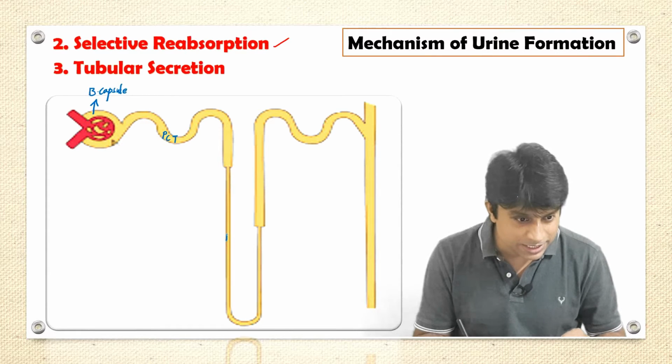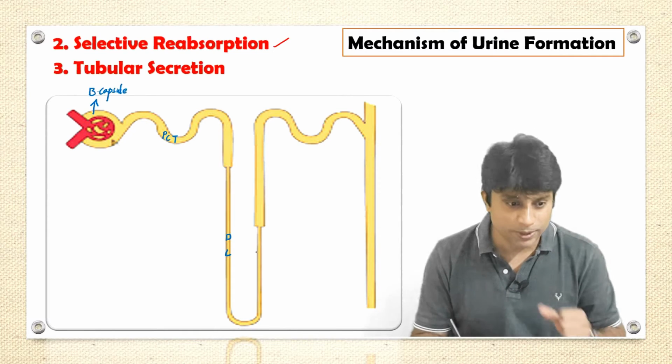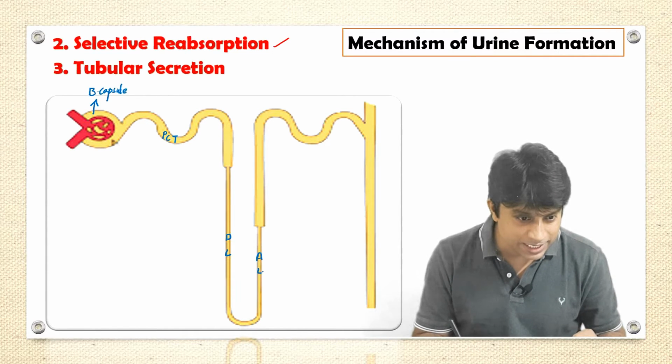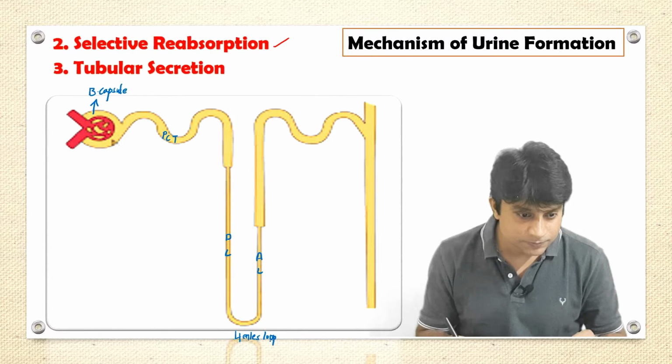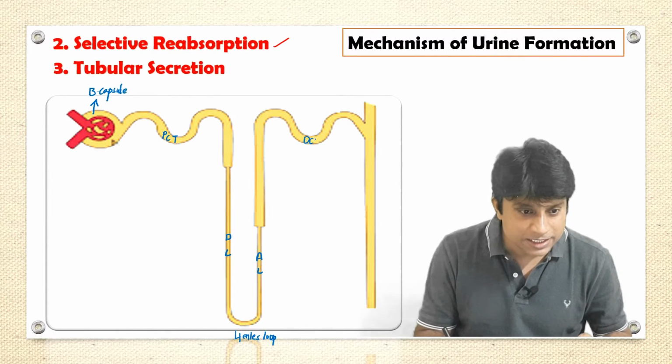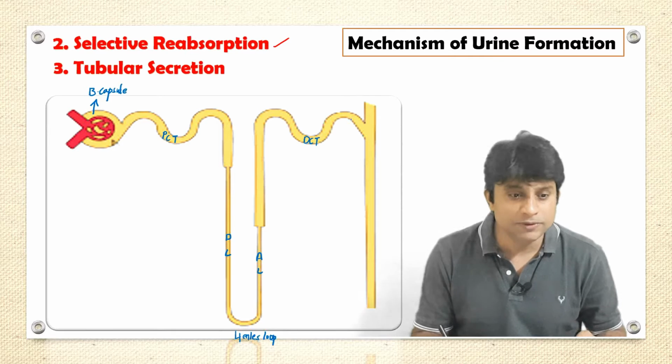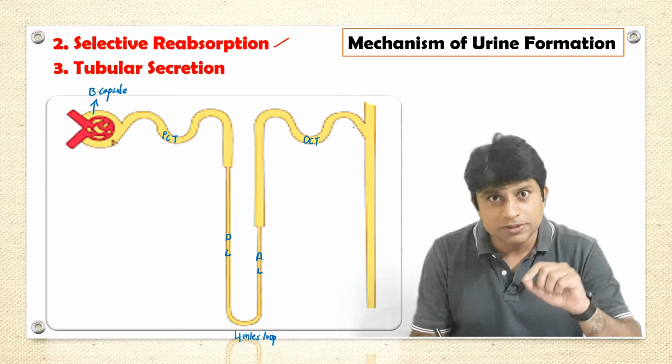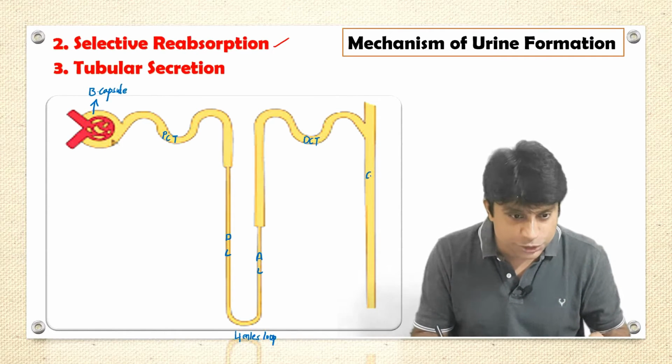This is the descending limb of Henle's loop, and this is the ascending limb of Henle's loop. So this is Henle's loop, with the hairpin bend of the Henle's loop. Now this part is the distal convoluted tubule and collecting tubule. Several collecting tubules will join and finally form collecting ducts.